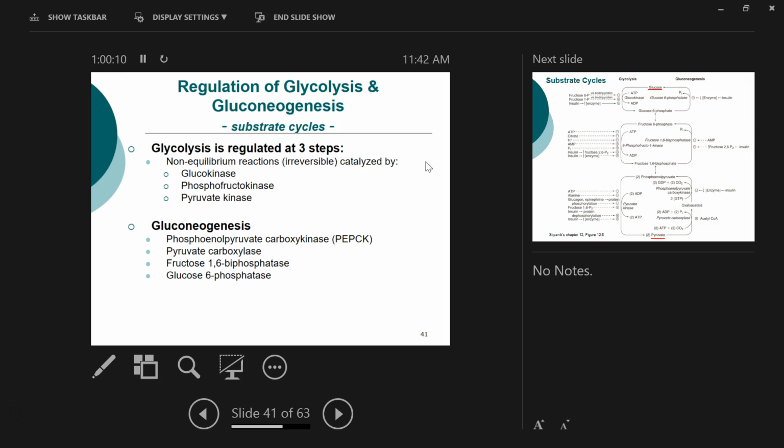They are the final targets of regulation by hormones or substrates, right?